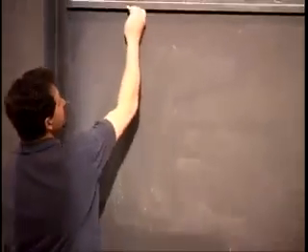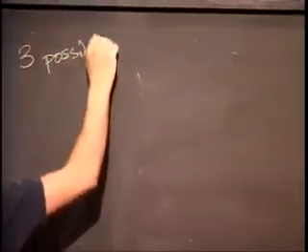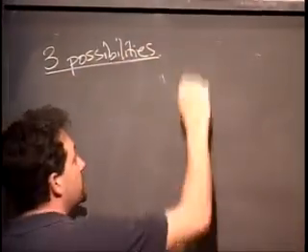There are 3 possibilities of where a power series converges, and you should be familiar with them, even though in every problem we ever do, the answer will just jump out. But it's good to not be surprised. So let's take a little bit of time to look at them. Three possibilities.